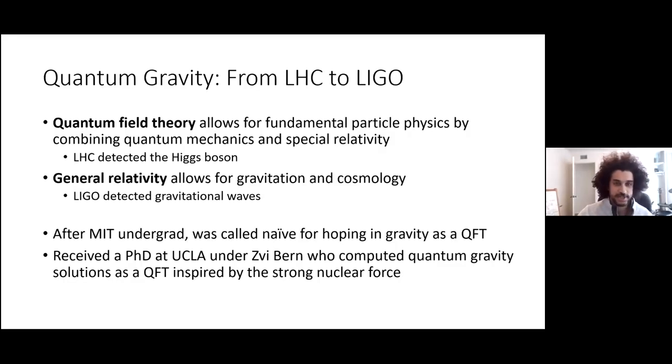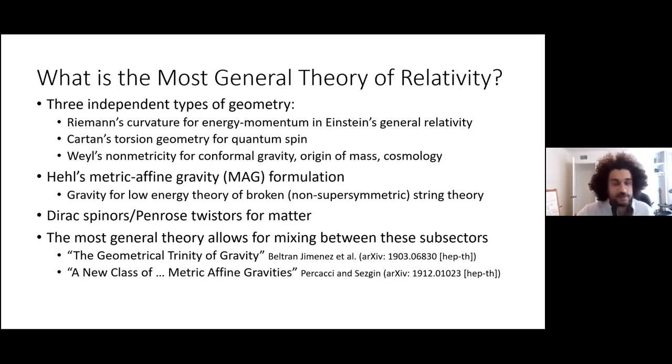That's very curious. Basically, what is the most general theory of relativity? Well, we know that general relativity uses Riemann curvature for its framework to describe curved space-time, but the most general mathematics for general relativity, or gravity in general, is differential geometry, and there are more exotic types of geometry, a lot of which are necessary for quantum gravity.